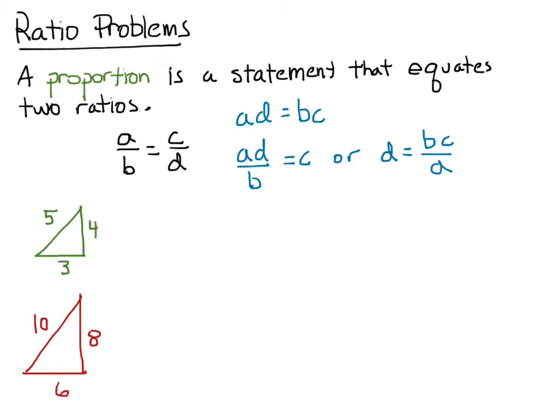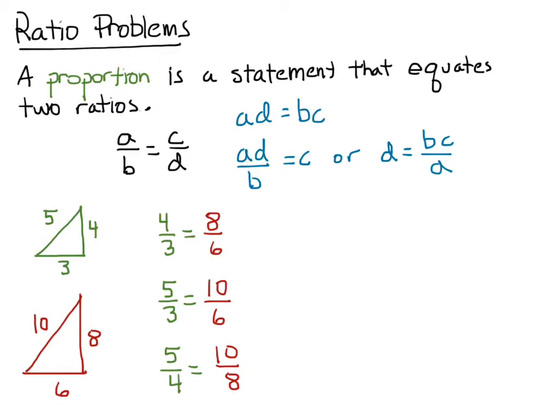A good start with this kind of proportionality is to think about two similar triangles. What makes a triangle similar to another is that all the angles are the same and that the sides are in proportion to each other. You have an opportunity to define these ratios any way you want. There's no single correct way. You can say 4/3, the height times the base of the first one, is 8/6 of the second one.